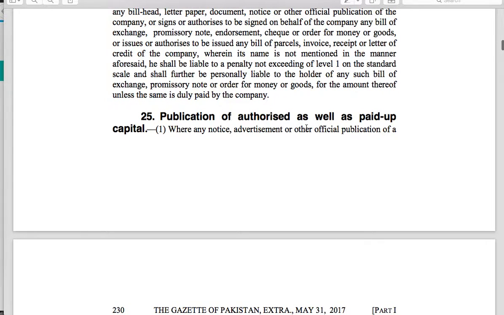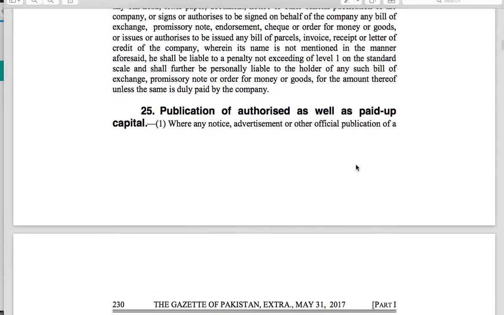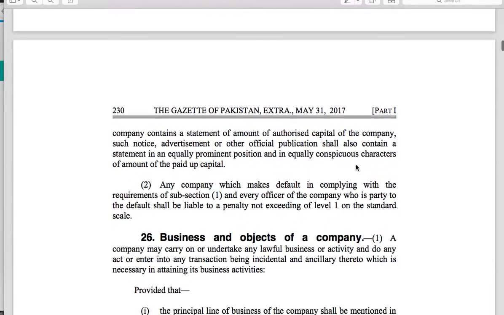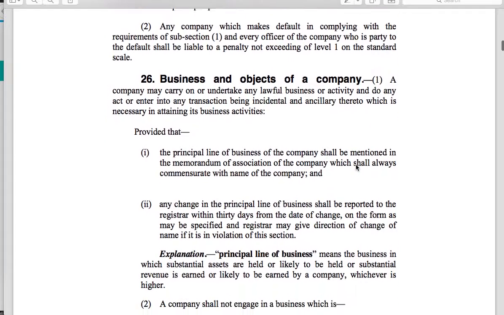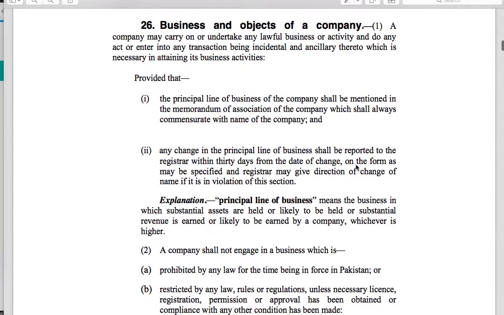Okay? And you also have to publish the authorized as well as paid up capital. So you have to make complete details on name and paid up capital available, so that people dealing with you know what is your paid up capital, what is your business name, what is your registered address.